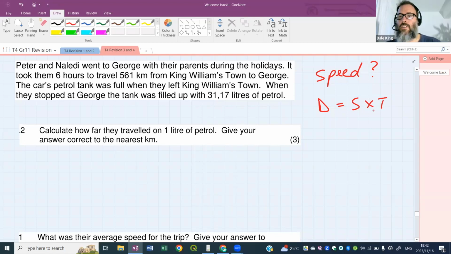This formula gives you a distance answer by multiplying speed and time. That's not what we need. We need something like S equals something over something. So either you take the formula they gave you and move things around, which you can do on your own, or you can remember the diagram to find what you need.